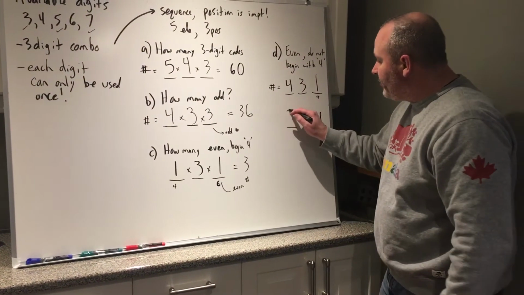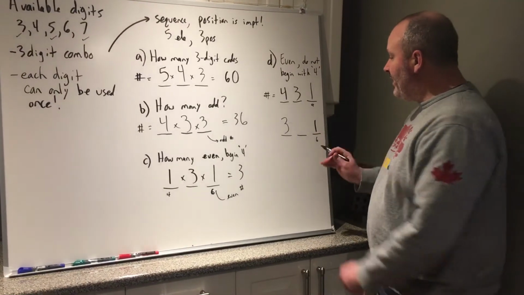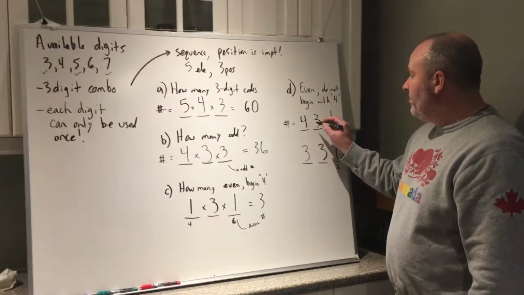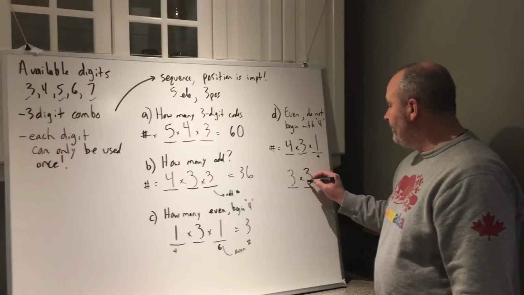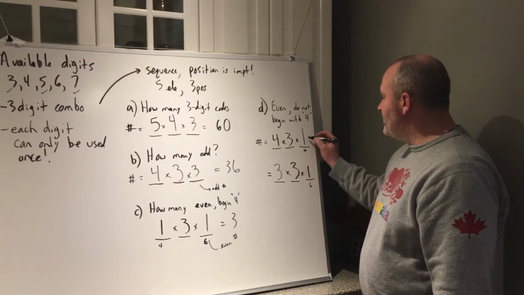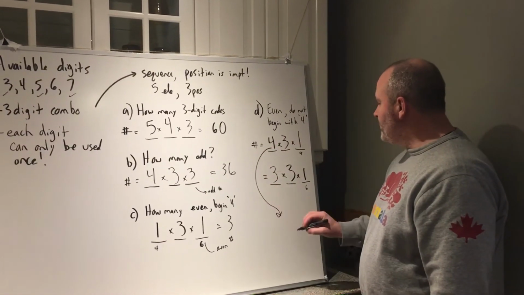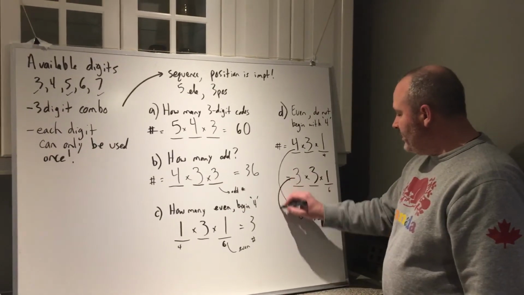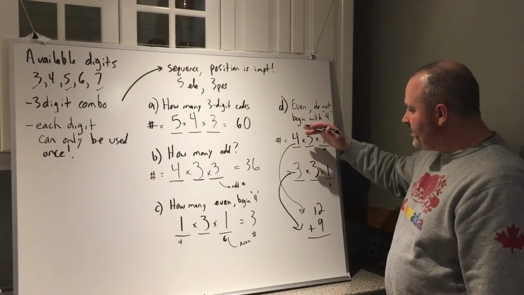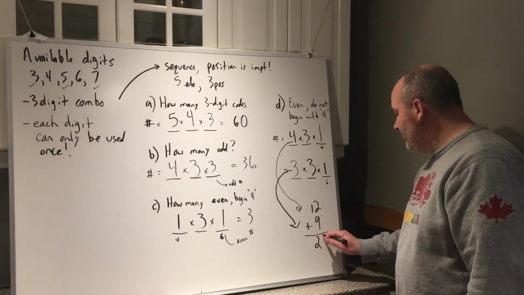So I fill it in with the 3, the 5 and the 7 in that spot. Then I actually have one number here, so I've got 3 numbers left. Multiplying all these together, this is going to be 12, and this is going to be 9. Because it's either this situation or this situation, we add them up and we get 21.